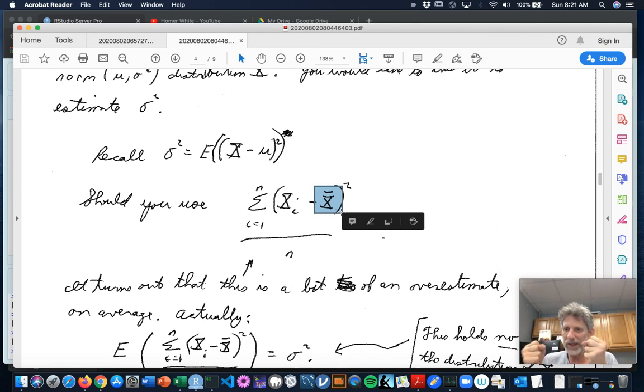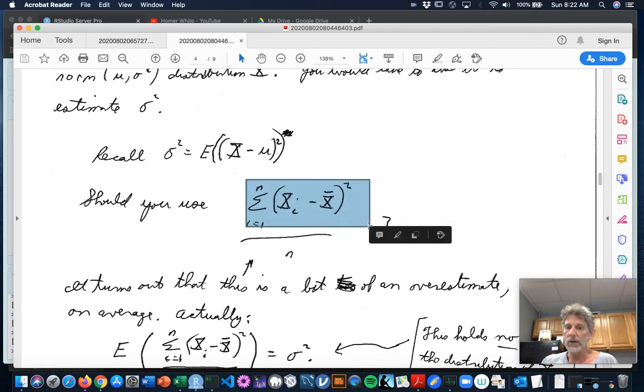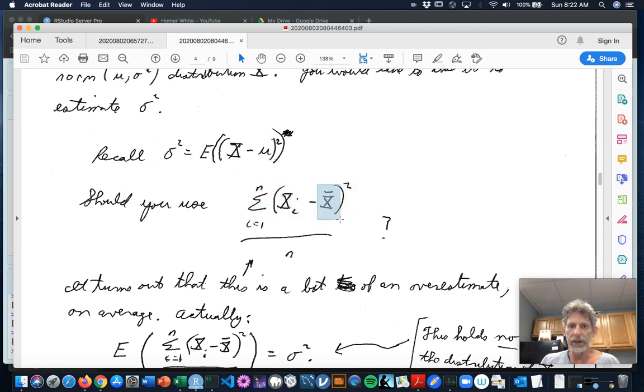It's the single best number that's close to all the Xi's at once. And so it's probably going to be a little closer to all the Xi's at once than mu is, and this sum is probably going to be smaller. In fact, it is almost certainly going to be smaller than what you would get by sticking in a mu here.